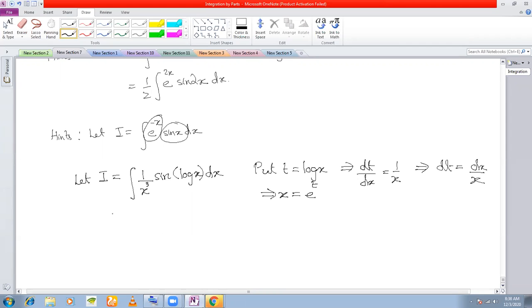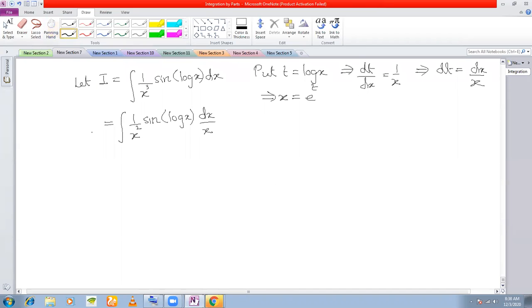Now what you can do here is break this up as 1 by x square sine log x dx by x. And then what happens? dx by x becomes dt, right?